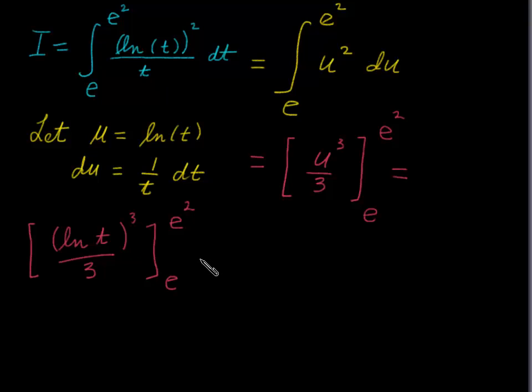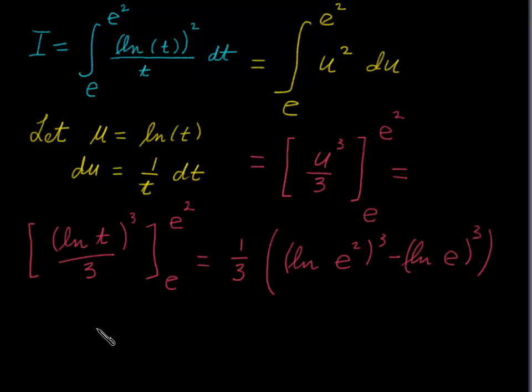So now I'm going to do the substitution, make life easy for us. I think I'll just take this 1/3 out, so we'll call that 1/3. Now what am I going to get here? I'm going to get the natural log of e squared, and then all of that cubed, minus the natural log of e, and then that has to be cubed, like that.